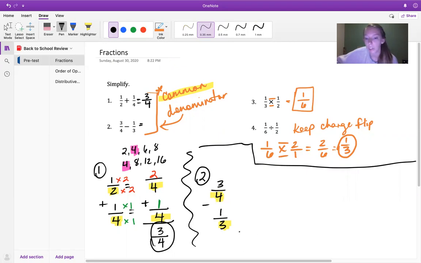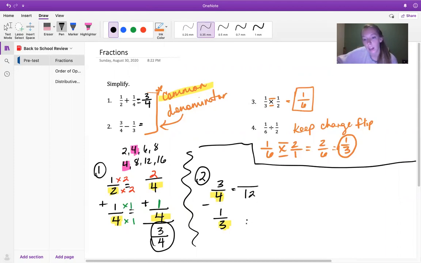You can write out the multiples: 4, 8, 12, 16, and 3, 6, 9, 12. What's the smallest number they both have in common? It's 12. That is going to be the common denominator.